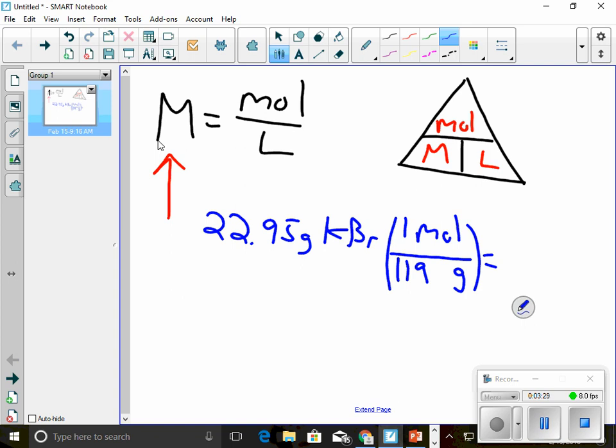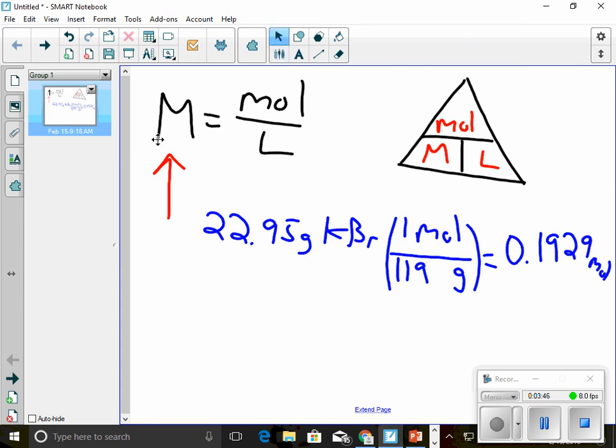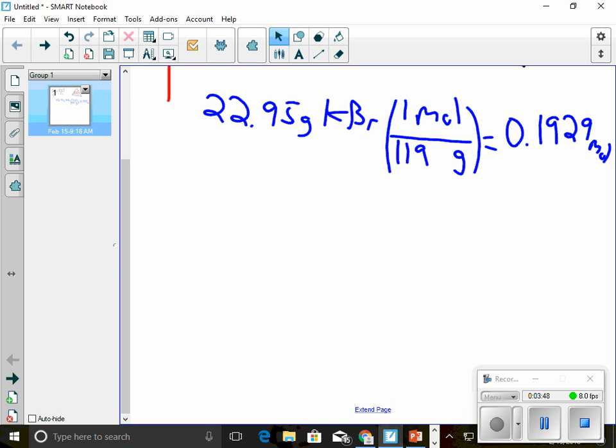And kind of ignore the conversion part because it's 119.00. That ever wrong? Yeah. 0.1929. Okay, so I have my number of moles.